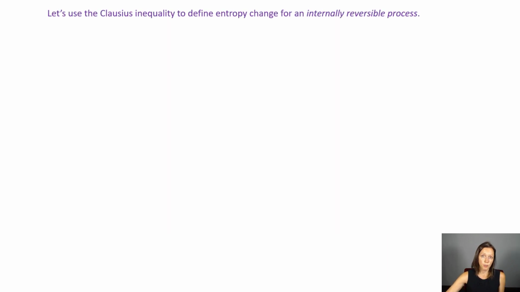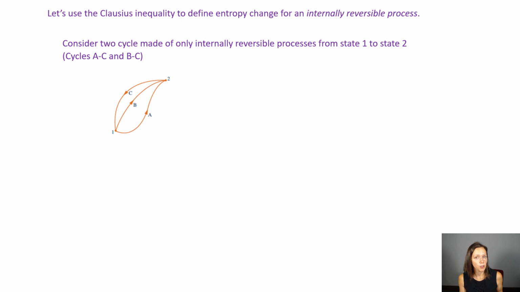All right, so what we're going to do now is take that equation, which seems to be applicable only for cycles, and try to extend it to a process. We're going to look at 2 cycles made of internally reversible processes between state 1 and state 2. When we say internally, we just mean that there are no irreversibilities within the system itself.